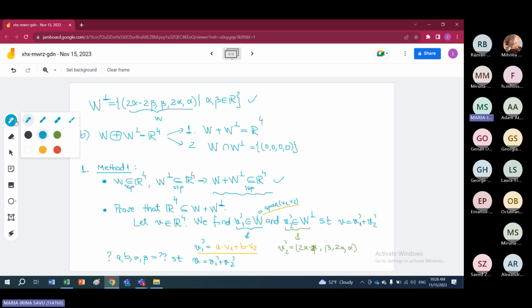And of course, because V is a vector in R to the fourth, it's X, Y, Z, T. So you need to find A, B, alpha, and beta, depending on these unknowns X, Y, Z, and T. But this is a method which takes you a lot of time.